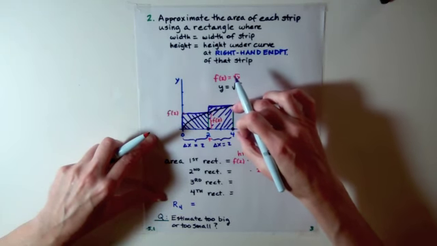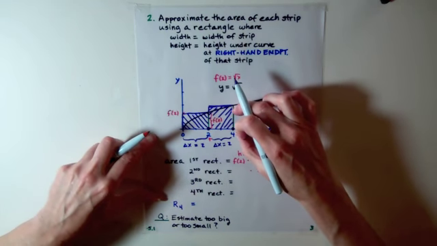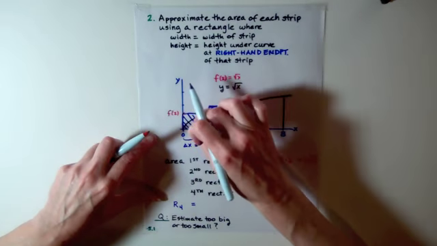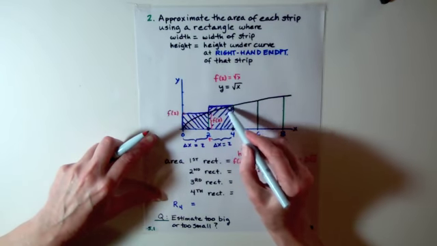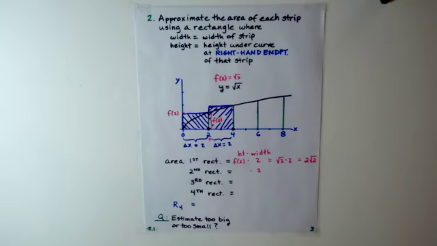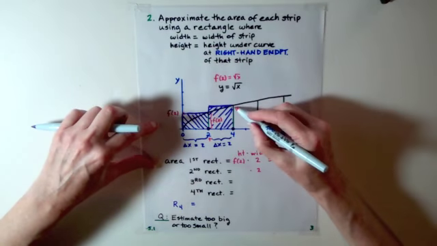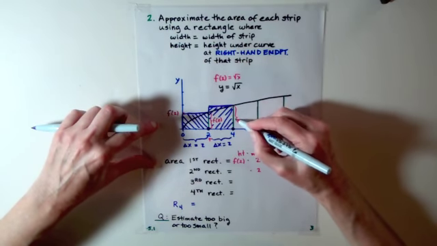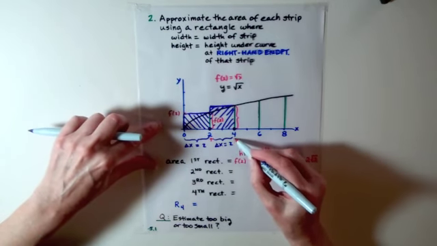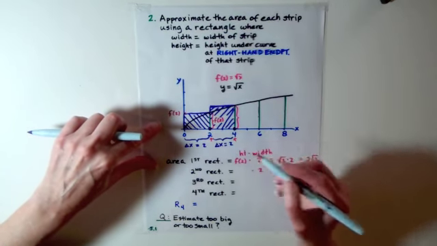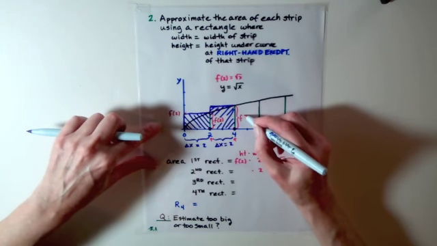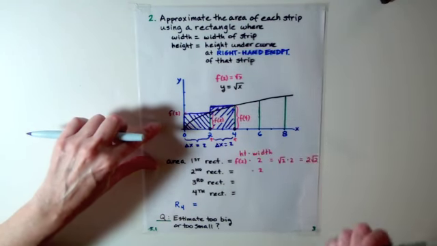I can again see that it looks like this approximation is not going to be great. It might be a little bit better than this one because it looks like the amount that it hangs over the curve is a little bit better. Well, what is this second height here? It's the same as the value of the function at this x value, the right-hand endpoint, which is 4. So the height of this second rectangle is just f evaluated at 4.